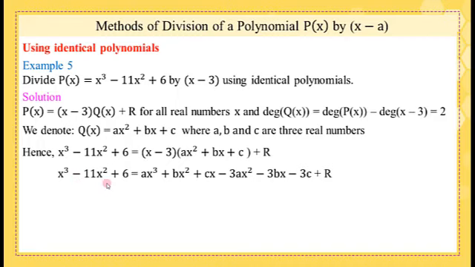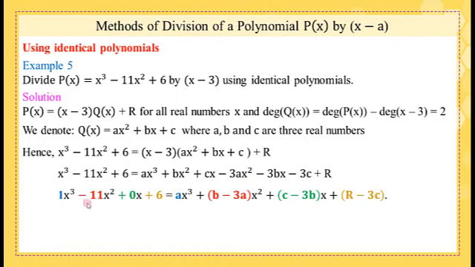So x cubed minus 11x squared plus 6 equal x times ax squared equal ax cubed plus x times bx equal bx squared plus x times c equal cx minus 3 times ax squared equal minus 3ax squared minus 3 times bx equal minus 3bx minus 3 times c equal minus 3c plus r.